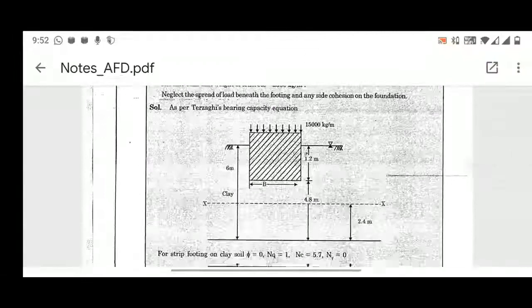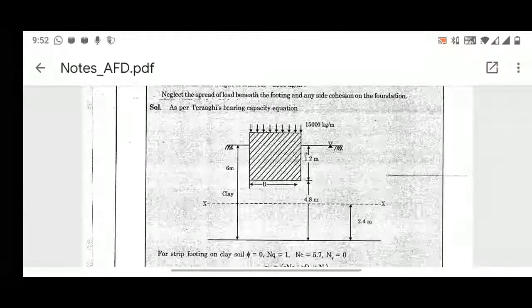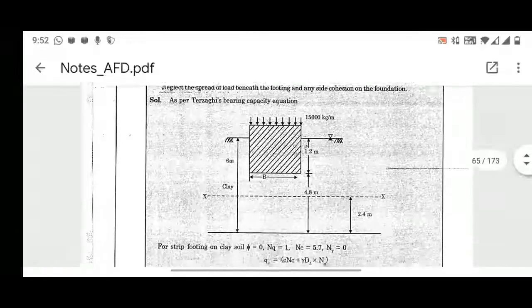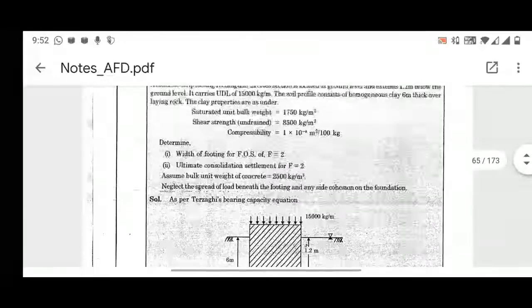You can easily see that the footing has been laid at a depth of 1.2 meter below the ground, founded on a clay layer of depth 6 meter from the ground level to the underlying rock mass. We have to obtain several things that have been asked in the question.